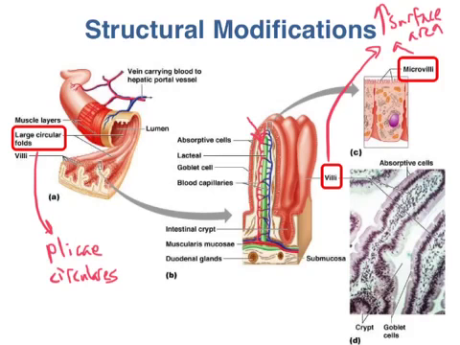Microvilli are microscopic extensions on the surface of epithelial cells. They're really, really small little projections, and they're on the surface of individual epithelial cells. This is a zoomed in version of that.